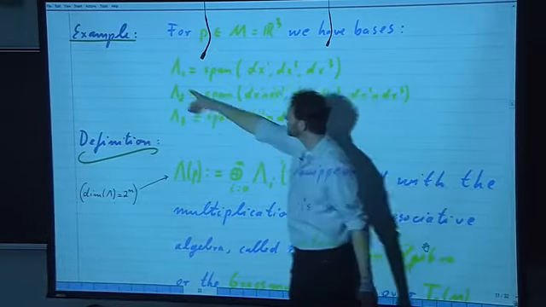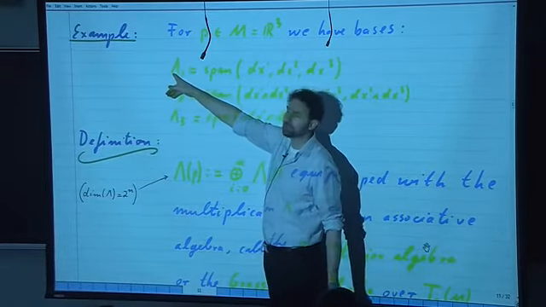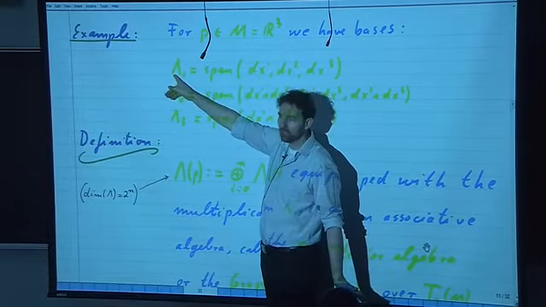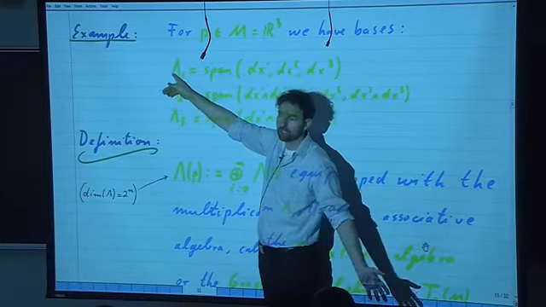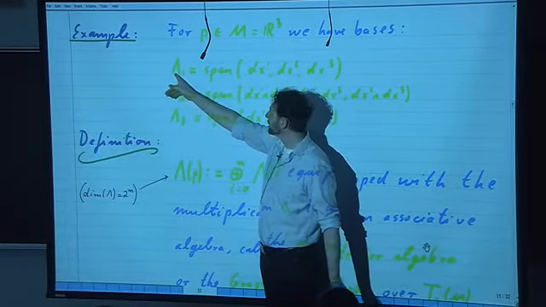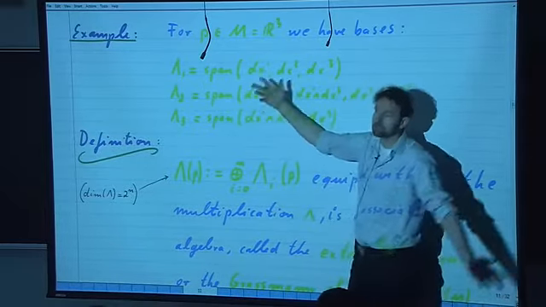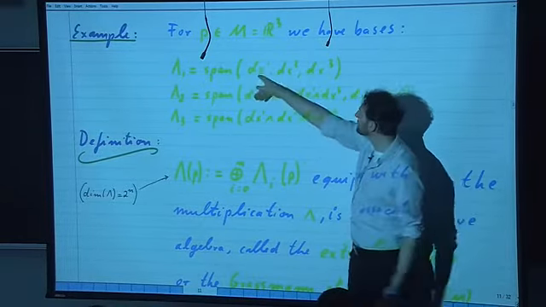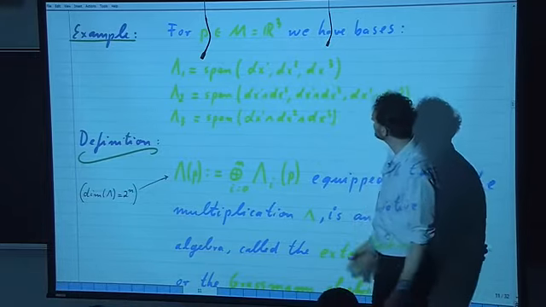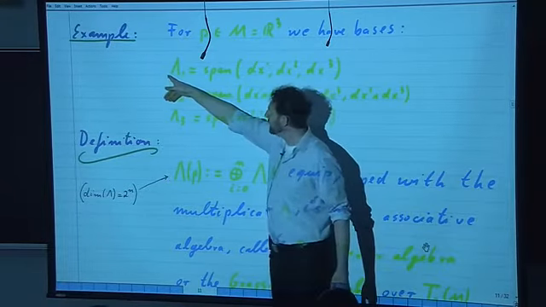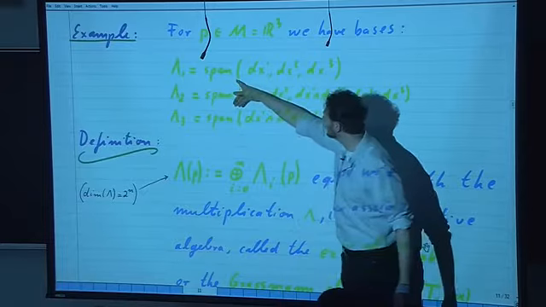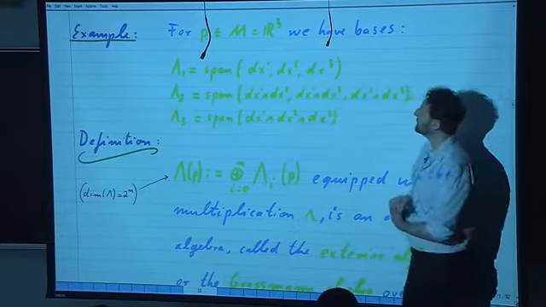What is the space of one forms? Well, the space of one forms is the space of cotangent vectors. It's a cotangent space. And the cotangent space is the span of some choice of basis vectors. Let's say we choose those basis vectors. So we can write the space of one forms as the span of such three basis vectors.